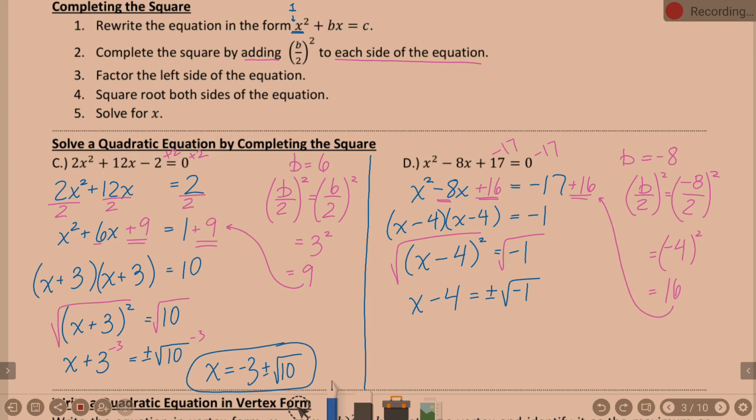Yeah, that's the whole point of the lesson before, 2.4. Remember? I is equal to the square root of negative 1. So this really is x minus 4 equals plus or minus i. Okay? Could have done that in the step before, but. And what else? Yeah, step 5 is solve for x. So if it's x minus 4, we're going to add 4.